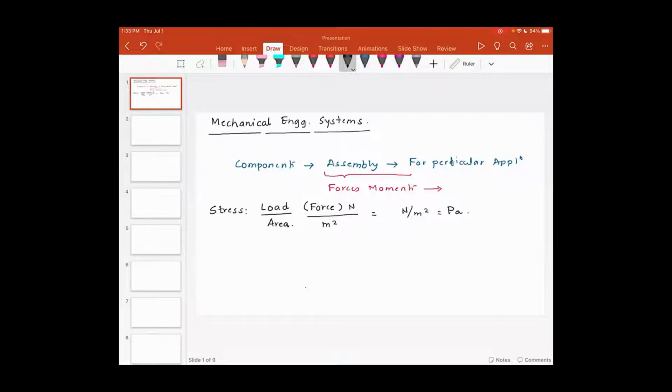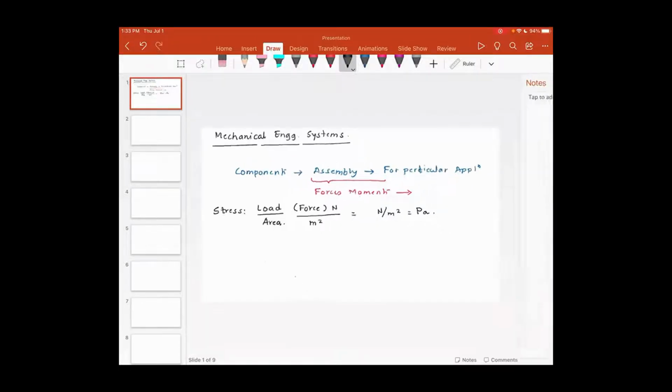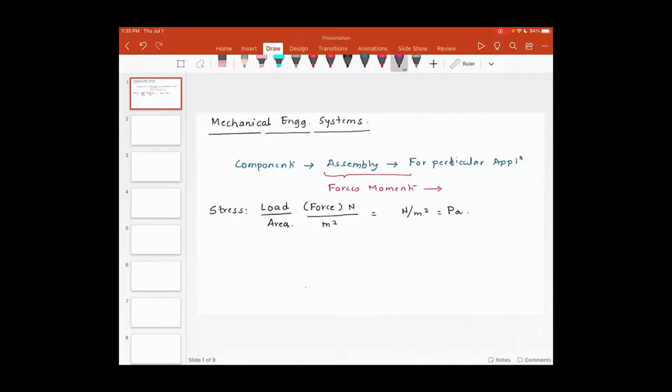Many times we use millimeter square. So this unit can also be written as Newton divided by millimeter by 1000 multiplied by millimeter by 1000. So this becomes 10 to the power 6.